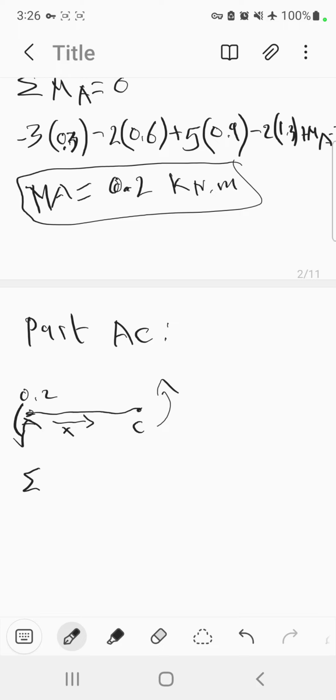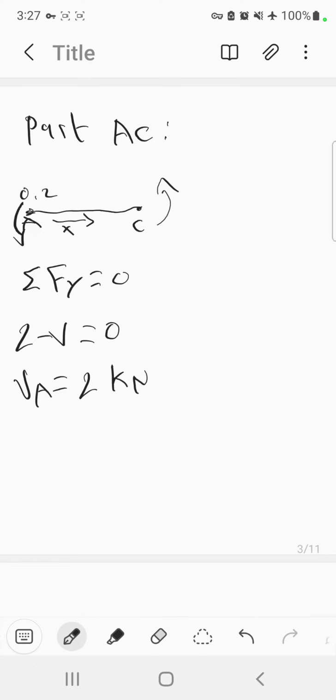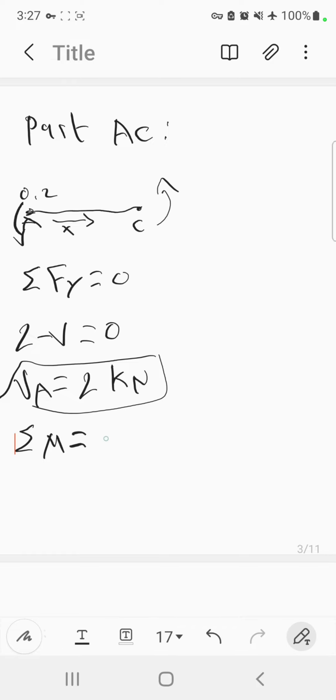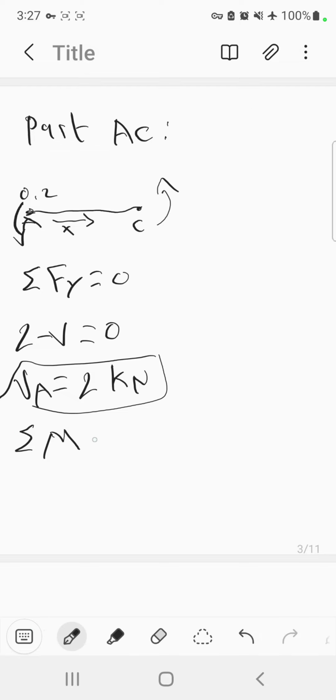So now the summation of all forces at Fy equals 0. It's going to be 2 minus V equals 0. So VA equal to 2 kilonewton, and the summation of M equal to 0. So we have to look for that one.